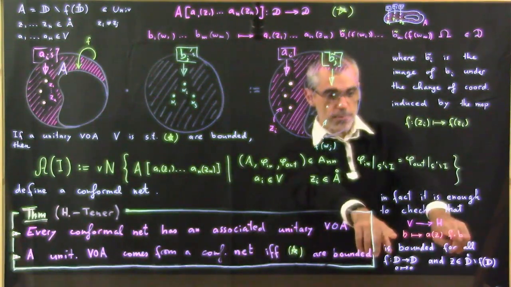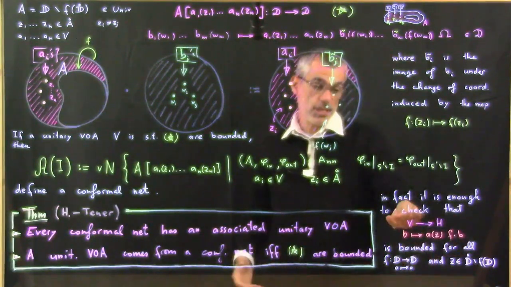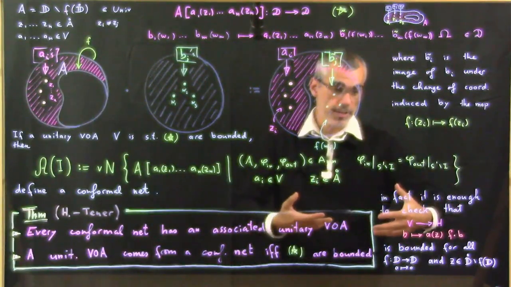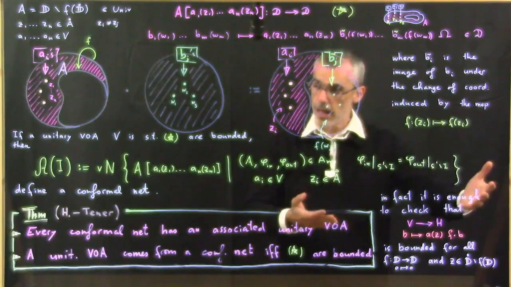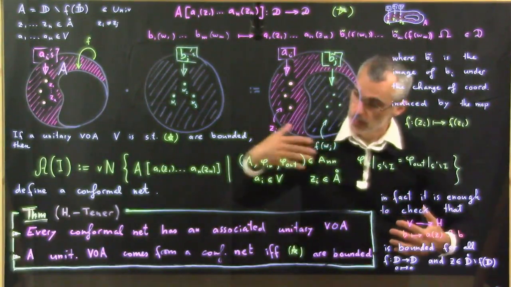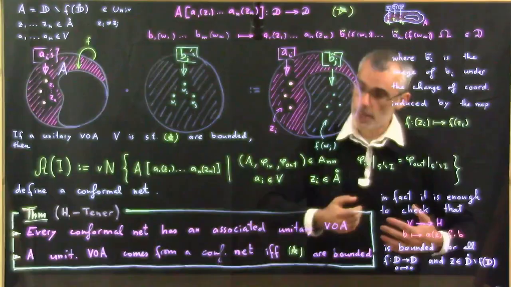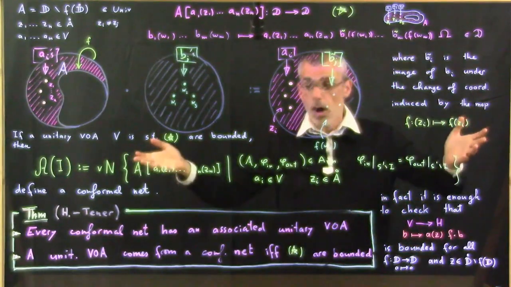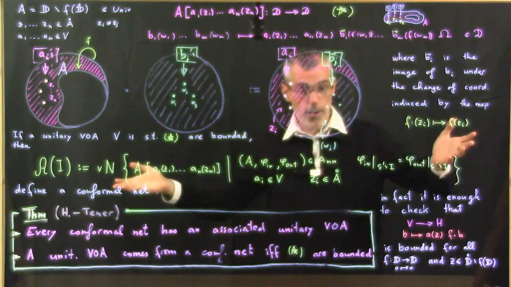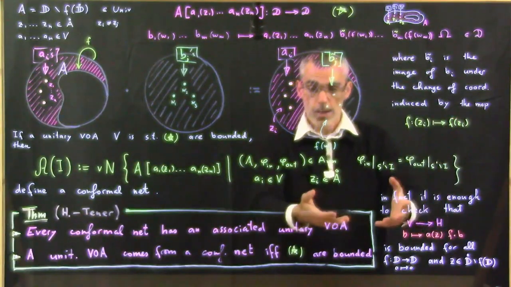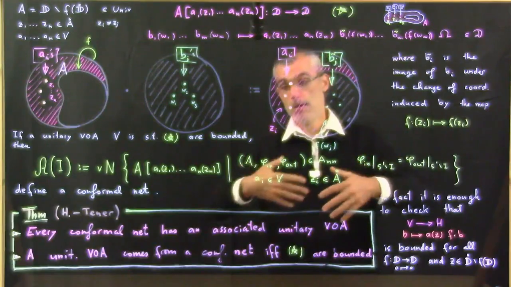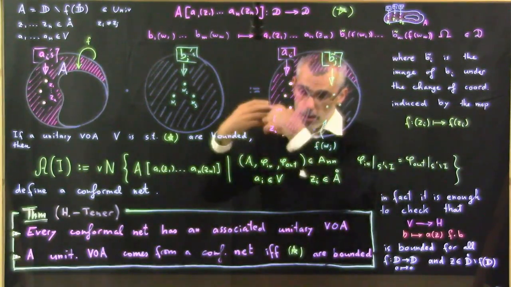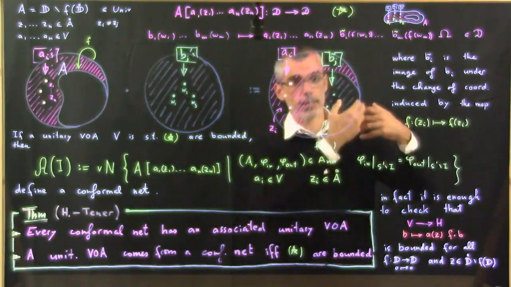And so this map, a priori, which is a map defined from V to H, if it's bounded, i.e. if it extends by continuity to a map from H to H, then the unitary VOA comes from a conformal net. And conjecturally, all unitary VOAs satisfy that condition, in which case we would have a complete equivalence between, on the one hand, unitary VOAs, and on the other hand, conformal nets.